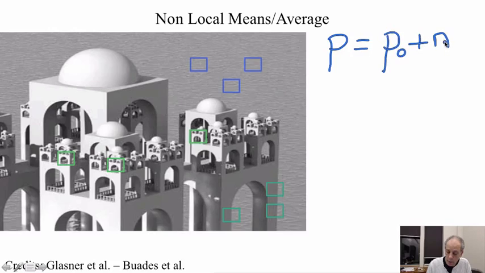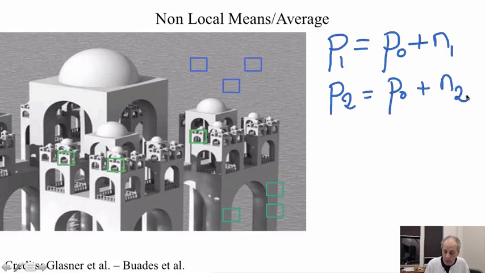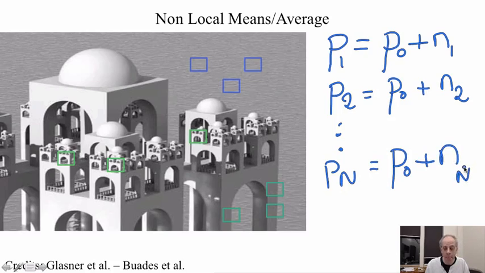plus some noise. But the noise is a random variable, so it's always slightly different. So we observe the pixel a number of times. We observe one with a certain noise. We observe it again, same pixel, but with a different noise. And we can observe it multiple times. Let's say that we observe this n times. Always the same pixel, but with different realizations of the noise.